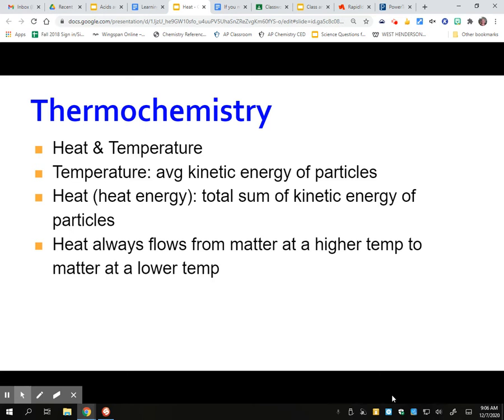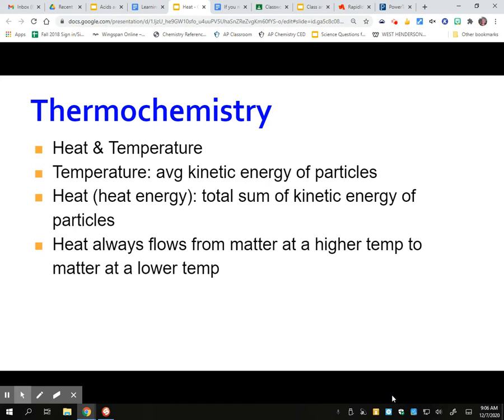Heat is always going to flow from matter at a higher temperature to matter at a lower temperature. So if you're holding a nice icy glass of water, it's going to feel cold, not because that glass is radiating cold. It's going to feel cold because you're the matter at higher temperature.